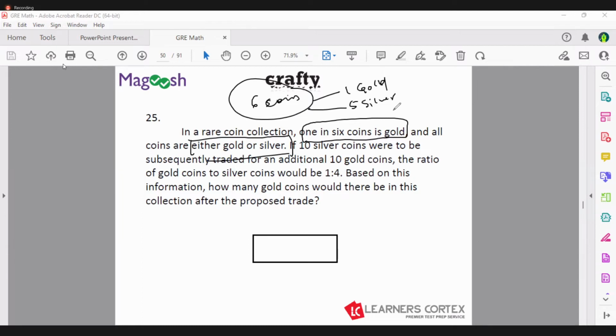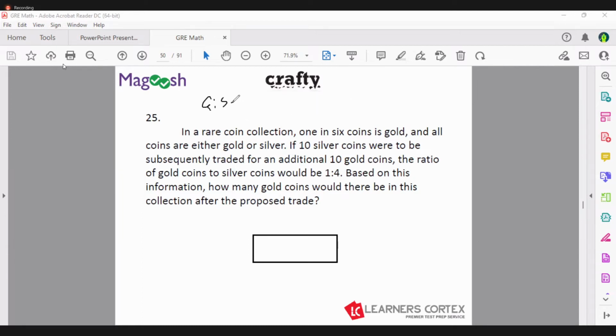Okay, sir. Right. So you can write gold to silver as 1:5, or silver to gold as 5:1, however you want to put this ratio. So let's go with gold to silver is 1:5. Now gold here is the number of gold coins, not exactly 1 coin.